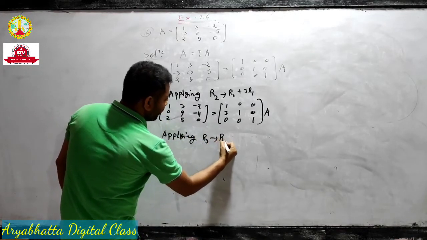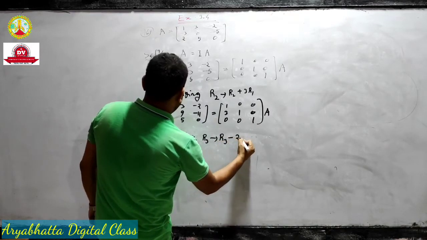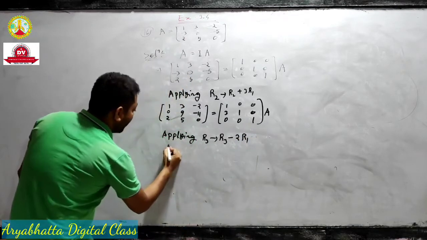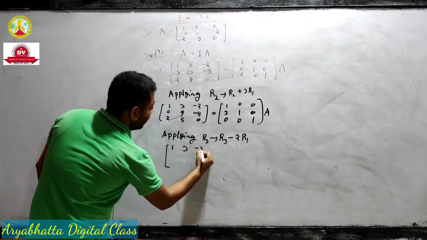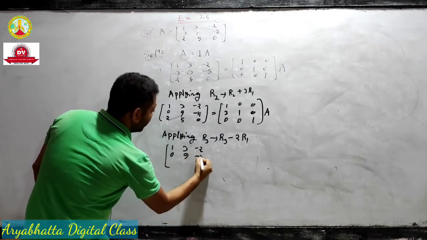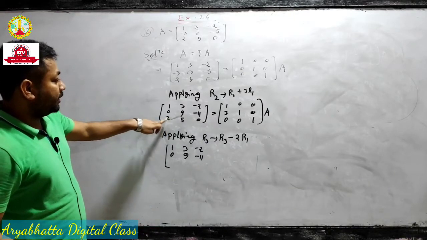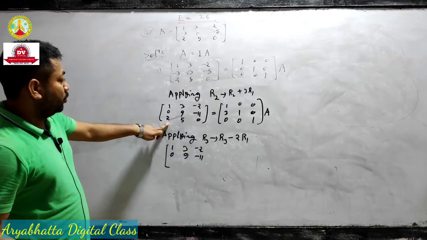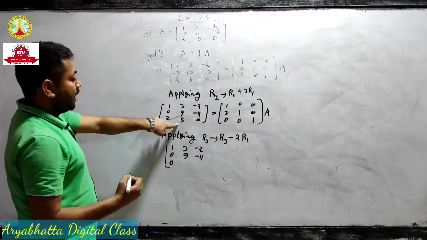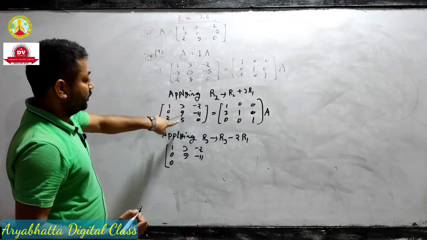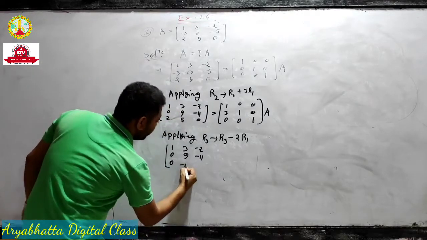R3 tends to R3 minus 2 into R1. Then R1 and R2 do not change: 1, 3 minus 2, 0, 9 minus 11. For this row, R3 tends to R3 minus 2 into R1. That is 2 minus 2 into 1, 2 minus 2, 0. Next, 5 minus 2 into 3, 5 minus 6, minus 1.